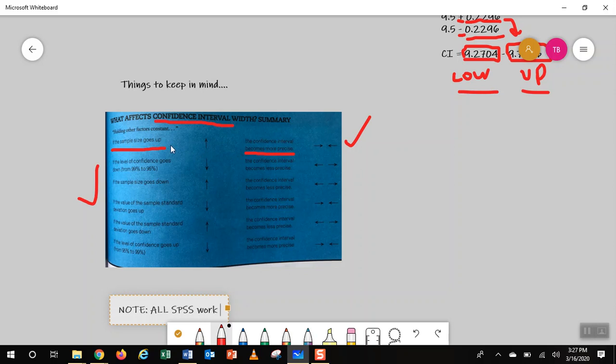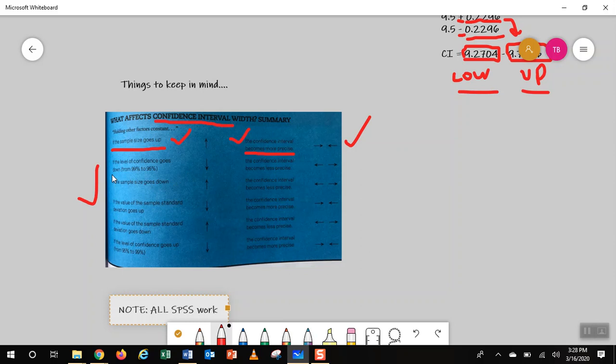So for instance, if you ask 30 students, and this is supposed to represent everyone at College of the Desert's satisfaction with the school, it's not going to be as accurate as if you ask 200 students. The more students you ask, the closer you get to the actual number, the more precise you're going to be. So in this case, if the sample size goes up, the confidence interval becomes more precise, right?